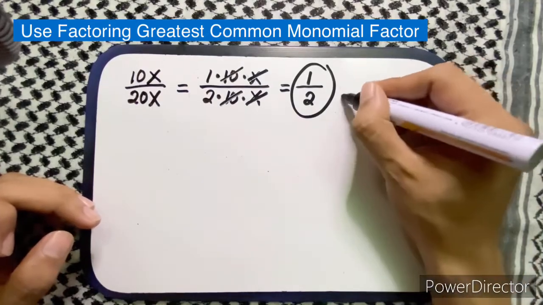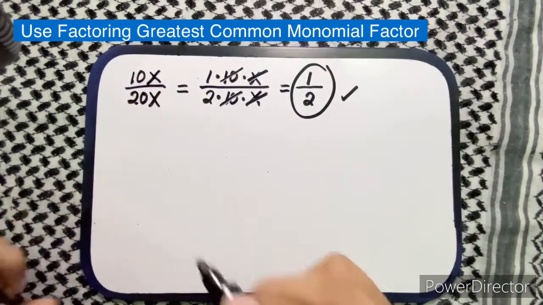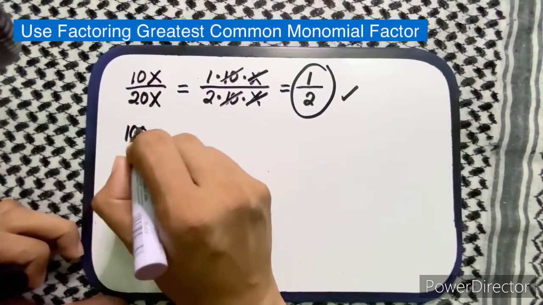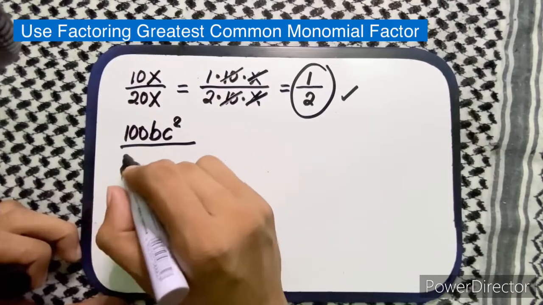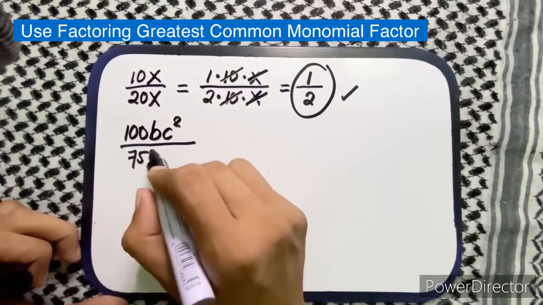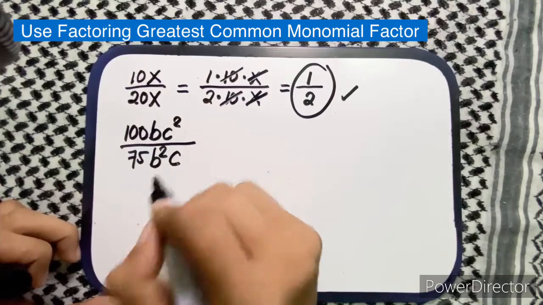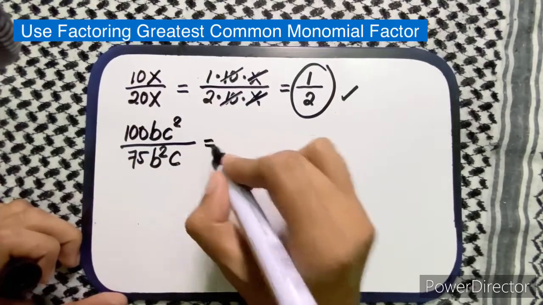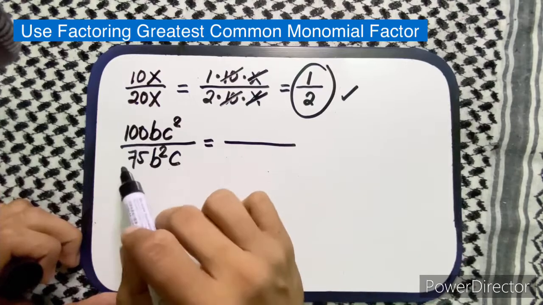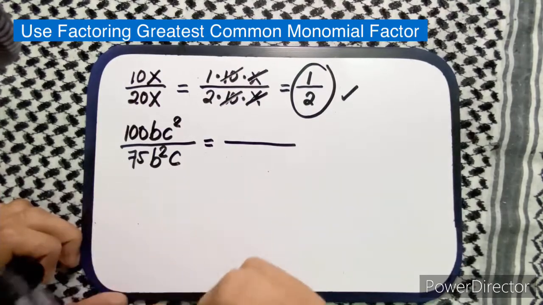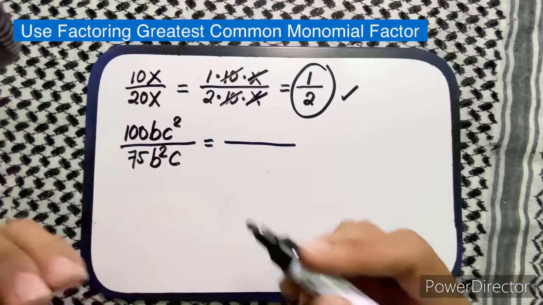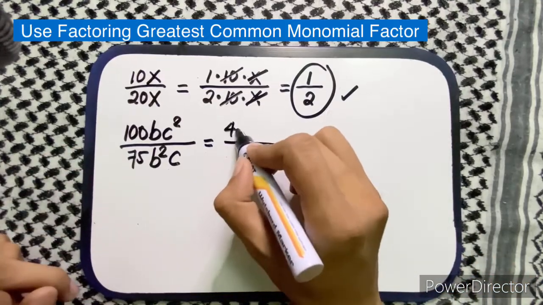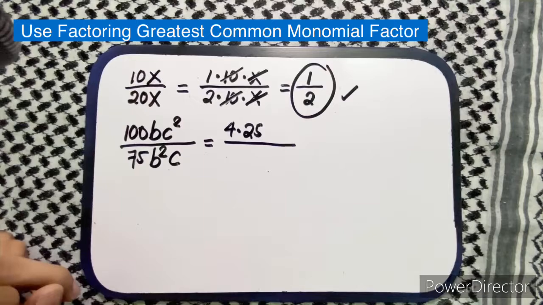Okay, let's try another example. We have 100 bc squared over 75 b squared c. If you analyze or determine the factor, we have 25 as the common factor. 100 is 4 times 25, right?